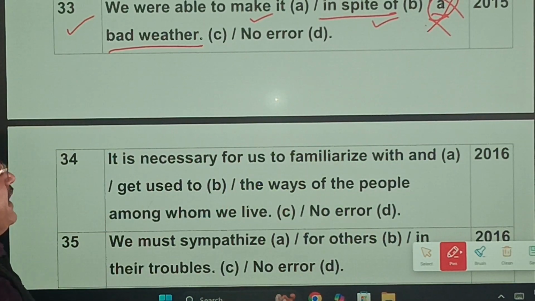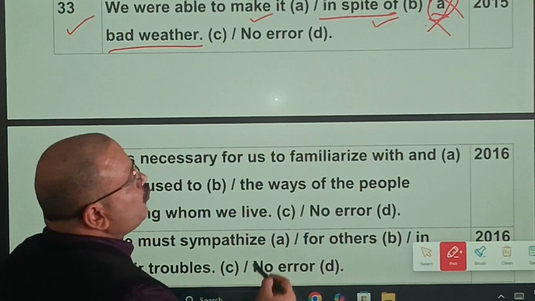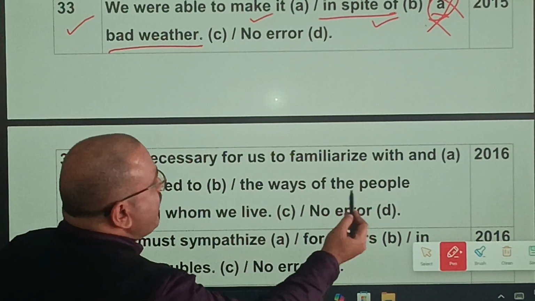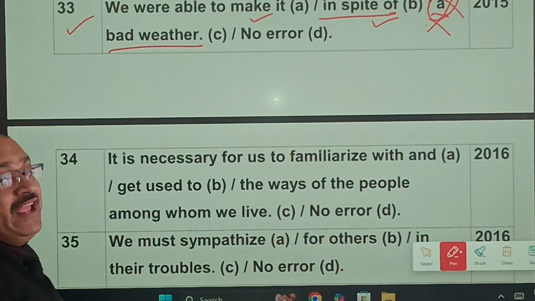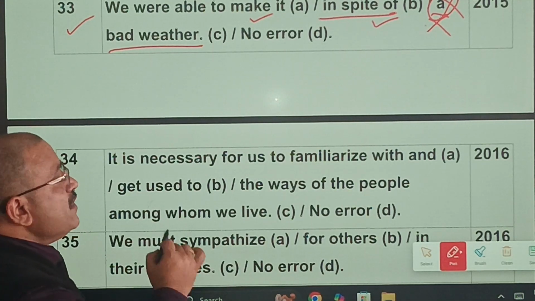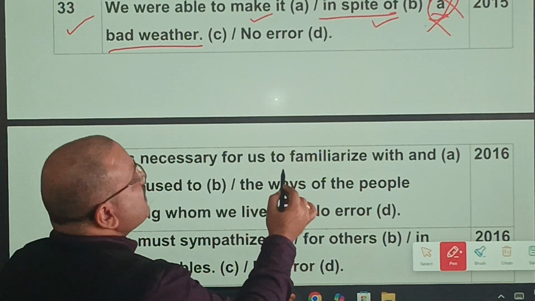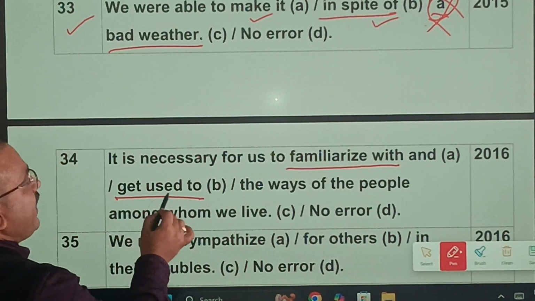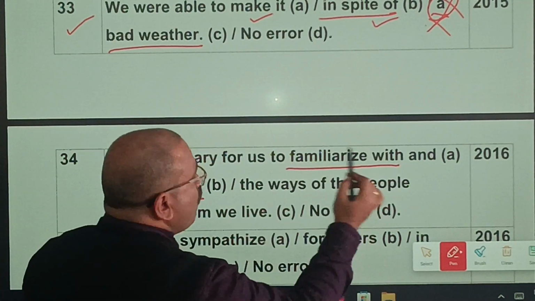It is necessary for us to familiarize with and get used to the ways of the people among whom we live. Now, see, get used to and familiarize with.